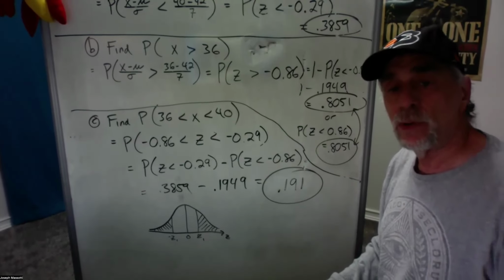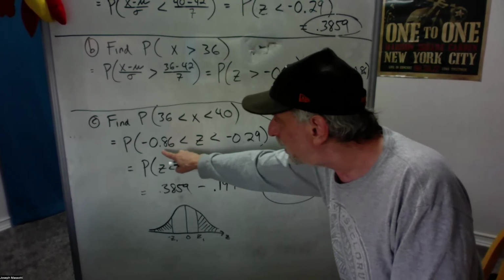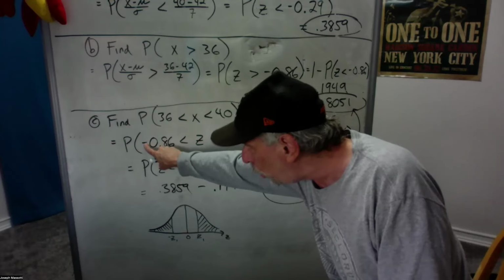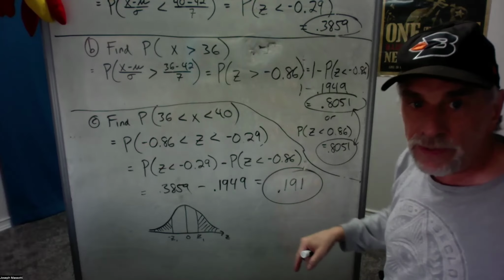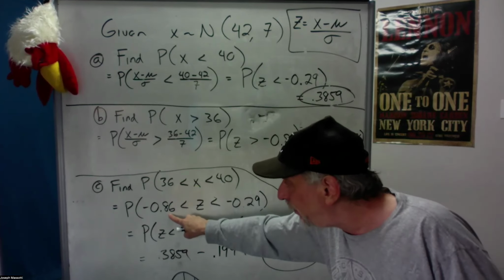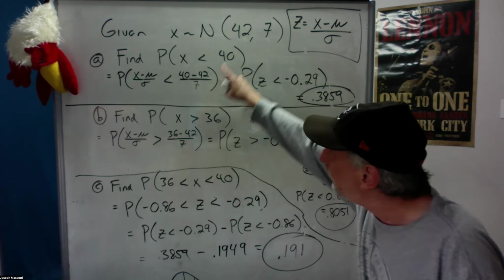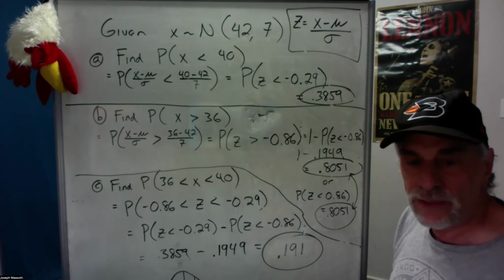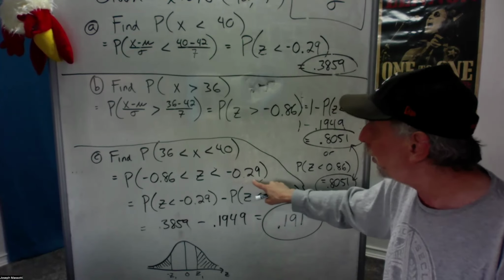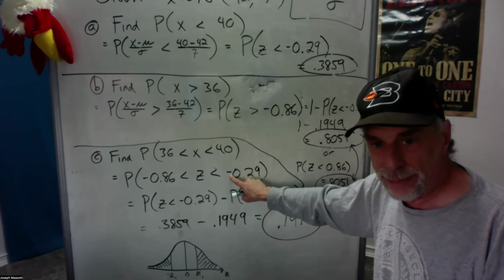And again, remember what the z-values tell us. Tells us that 36 is negative 0.86 standard deviations below the mean of the original distribution. 40 is negative 0.29 standard deviations below the mean.